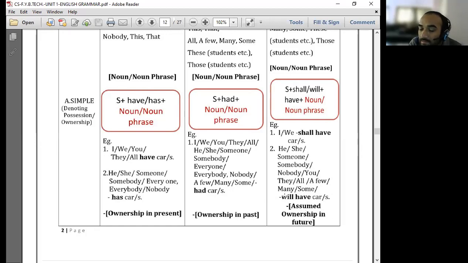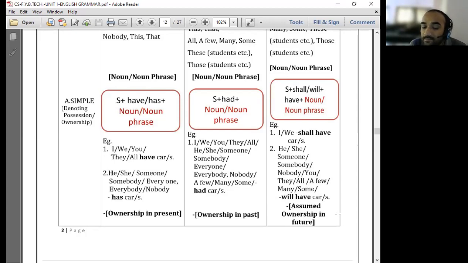Someone will have car. कुणा जवळ तरी कार असेल. Nobody will have cars. कुणाकडेच कार नसतील. Okay. So for showing the assumed ownership in future, whatever the ownership that is assumed in the future, we can use shall have or will have.